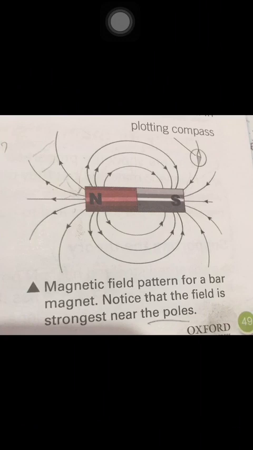Now we are saying that only a few lines are drawn to show a clear shape. The space between the lines shows the strength of the field.